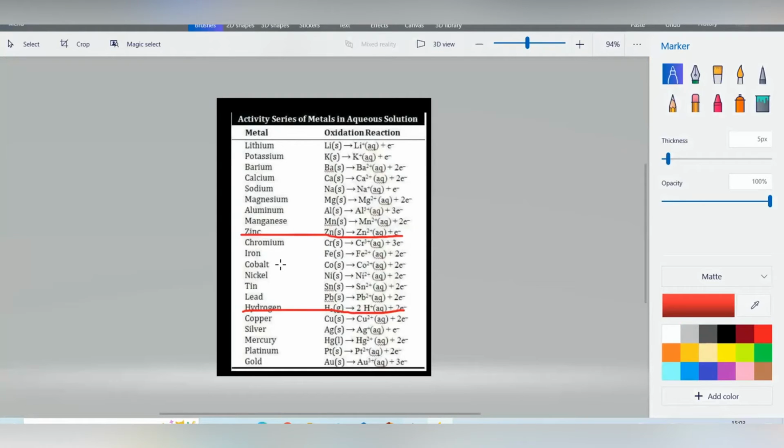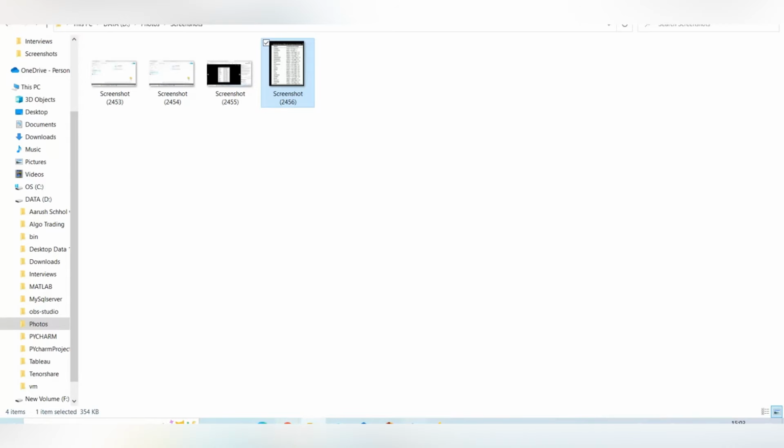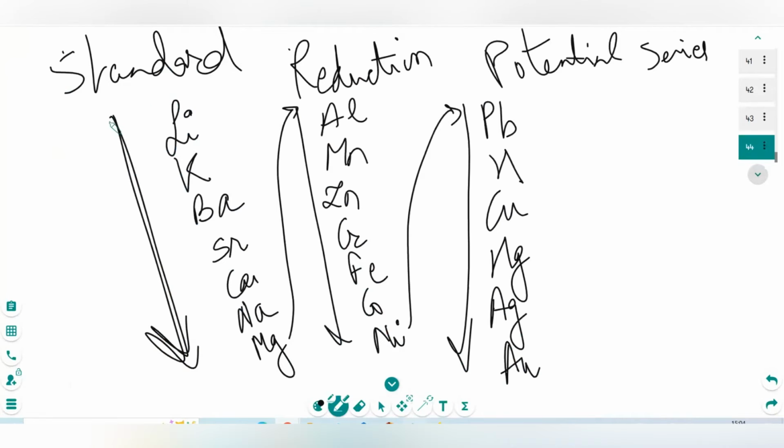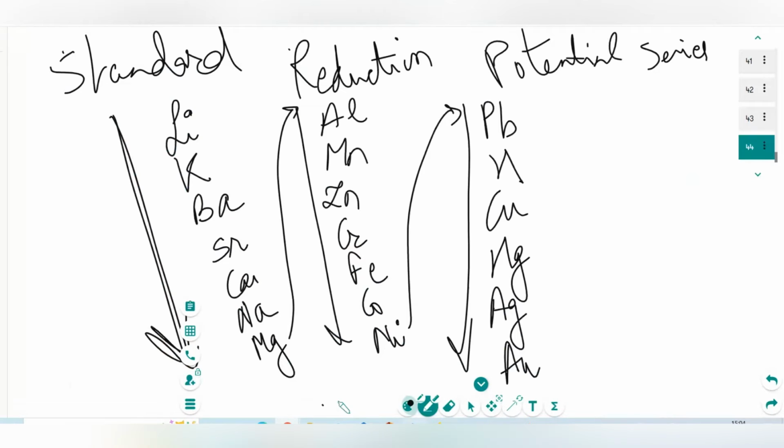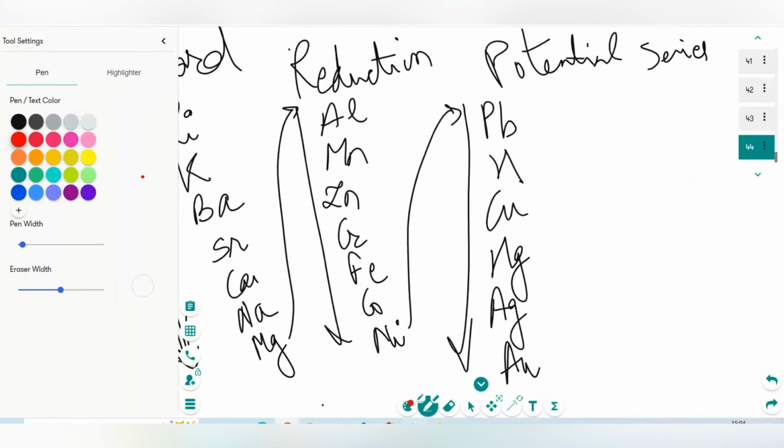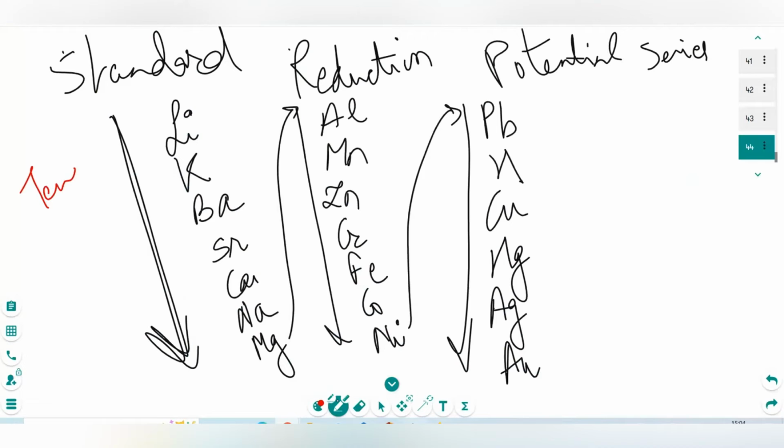What is this technically measuring in the series? The reactivity of the metal, right? Yes, exactly. This is the tendency to get reduced.